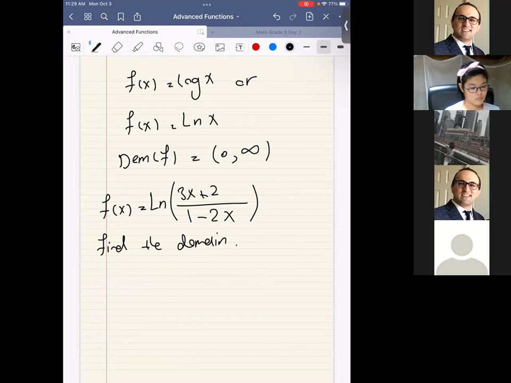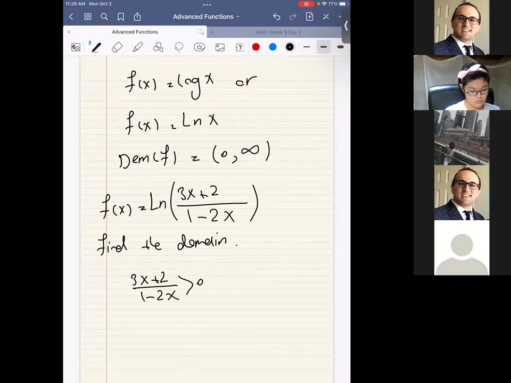So what you need to do, we know that the domain of ln is positive. That means (3x plus 2) over (1 minus 2x) has to be positive. Now you have to solve this inequality, the same thing that we have done before.